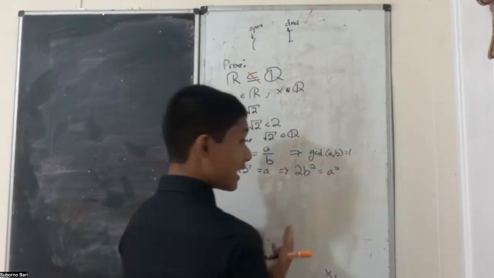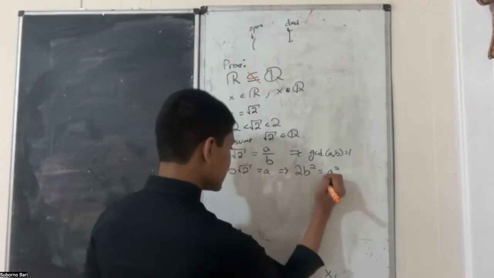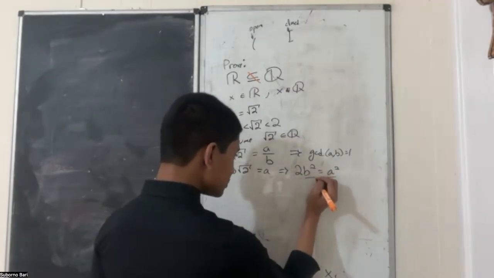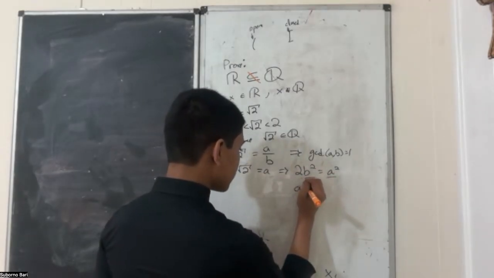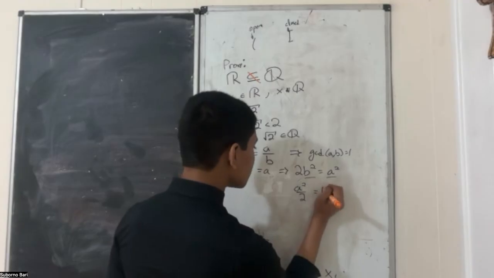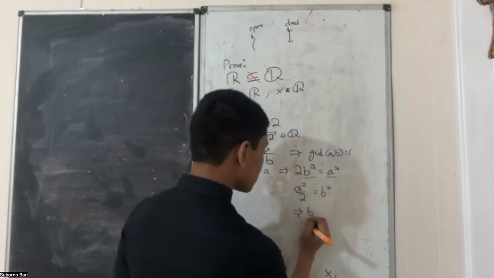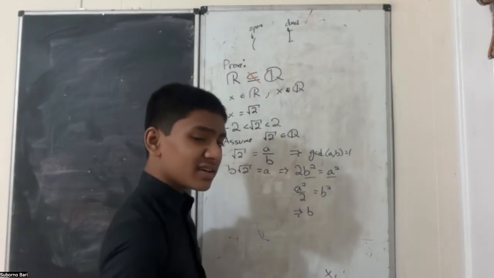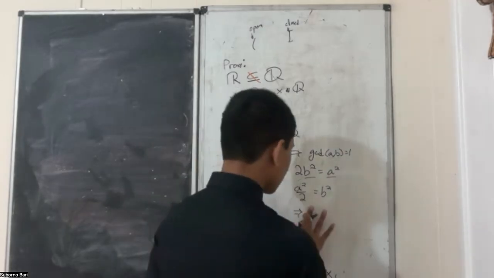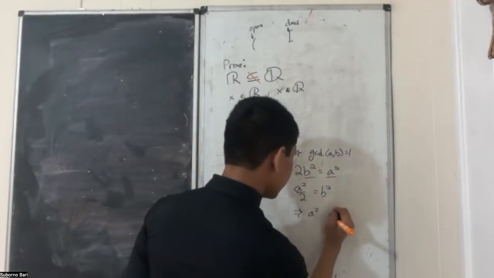And of course, since a squared is an integer and b squared is an integer, a squared over 2 being equal to b squared implies... Oh, their GCD is not 1. A squared is even.